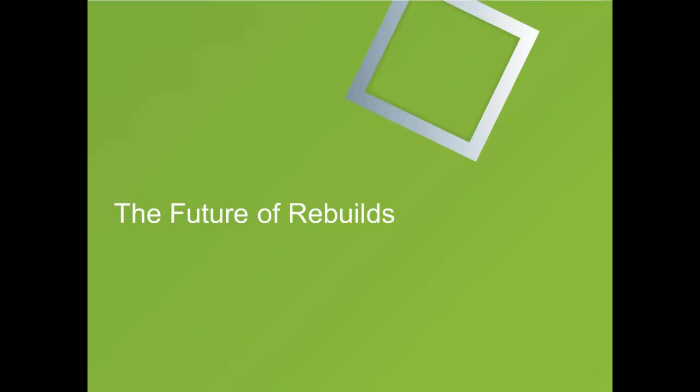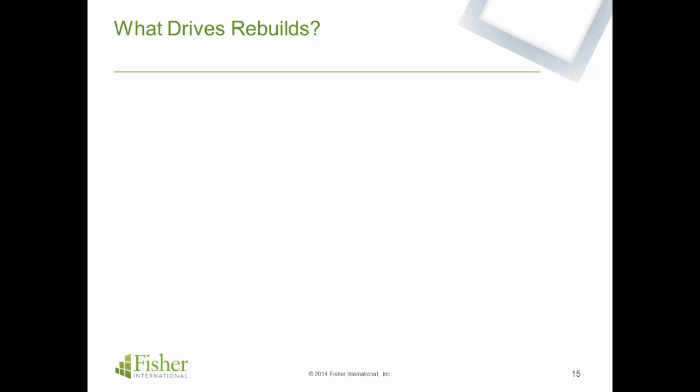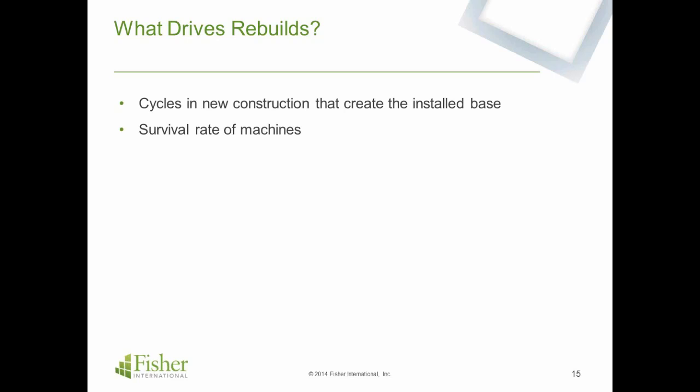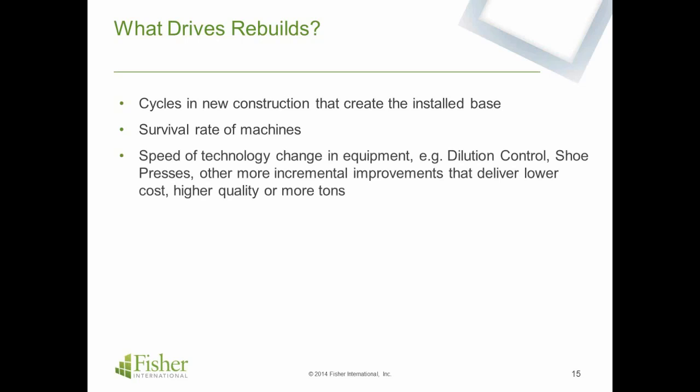So now let's talk about the future of rebuilds, and let's start with a discussion of what drives rebuild activity. Well, the cycle starts with new construction, the installed base of paper machines. So new machines sort of feed the future cycle for rebuild activity. And of course the survival rate of those machines that are installed certainly drives rebuilds.